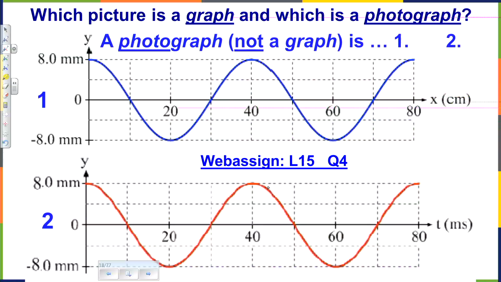We can look at it. And what do you think? Which line, the blue one or the red one, represents a photograph? But you can't enter that into WebAssign.